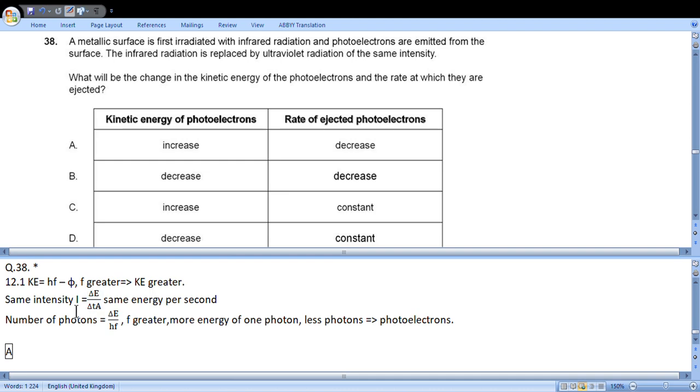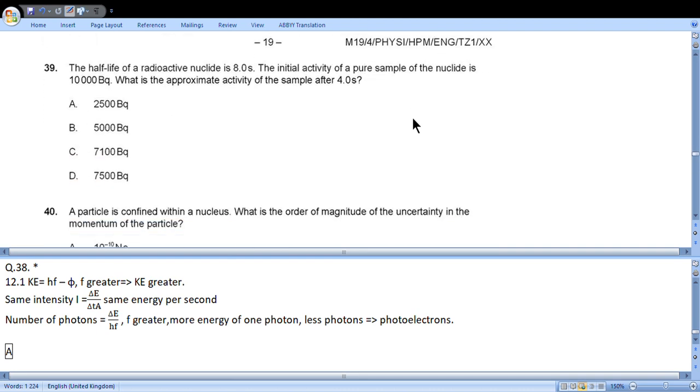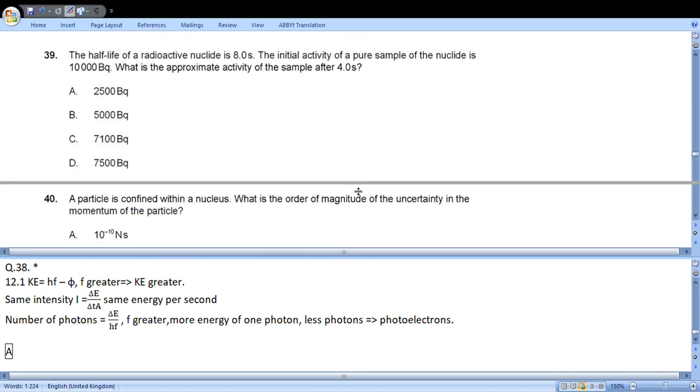But the same intensity means fewer photons, as each photon has greater energy, so fewer photons will be falling in the case of ultraviolet radiation, and fewer electrons. So we have choice A: kinetic energy increases but the rate of ejected photoelectrons decreases. 39. Oh, 39. Difficult question.